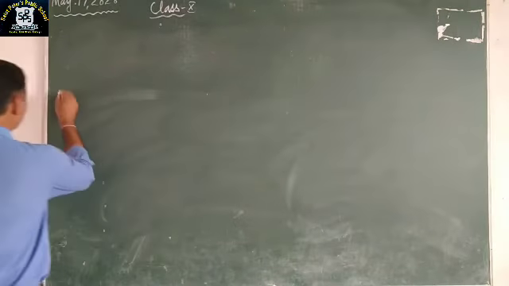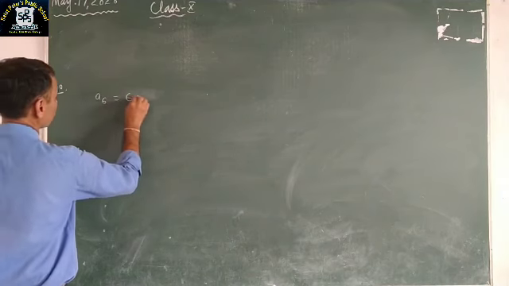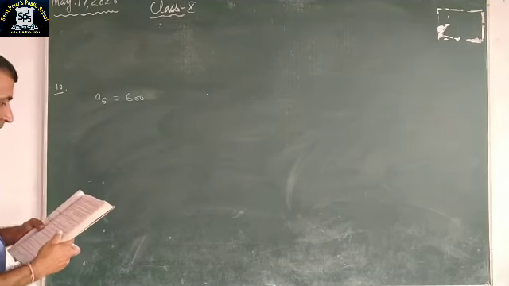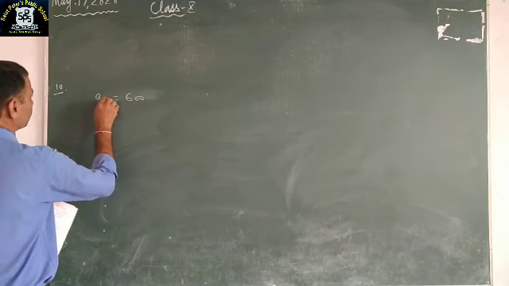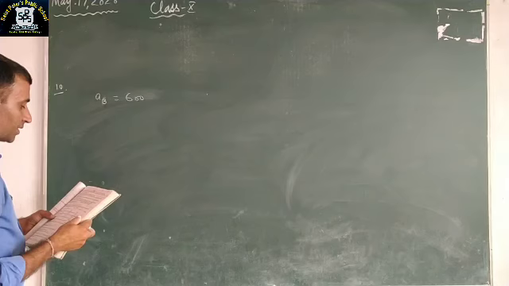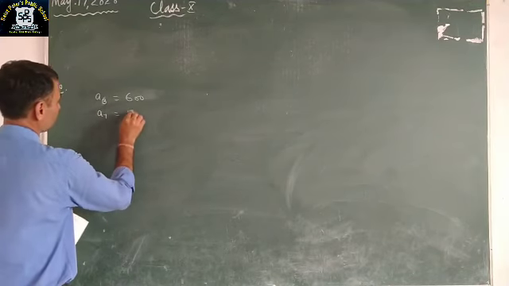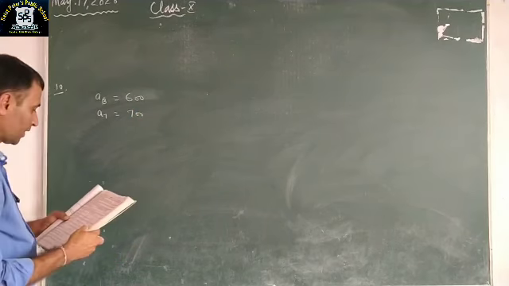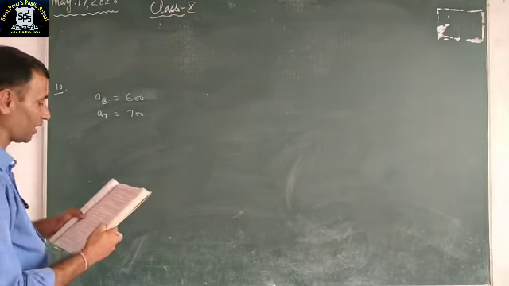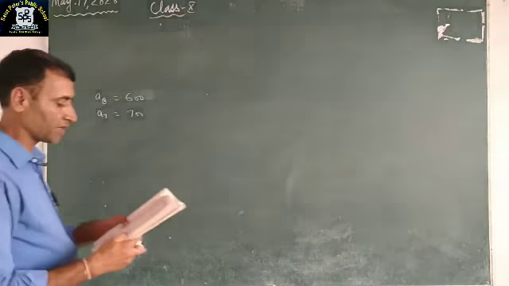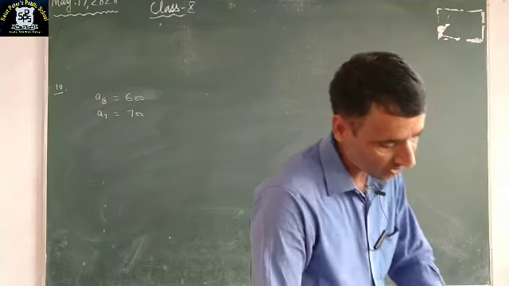So the value of A3 is given 600, in the third year, and 700 sets in the 7th year. So A7 is equal to 700. Assuming that the production increases uniformly by a fixed number every year, then find the production in the first year, the production in the 10th year, and the total production in the first 7 years.